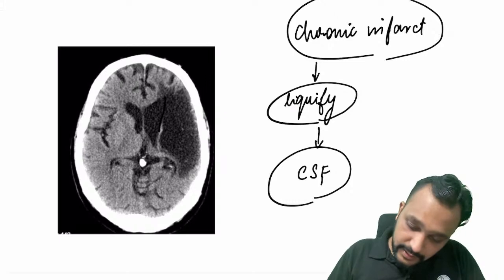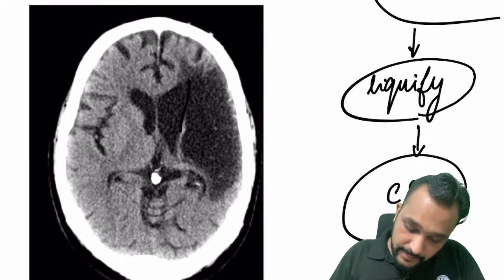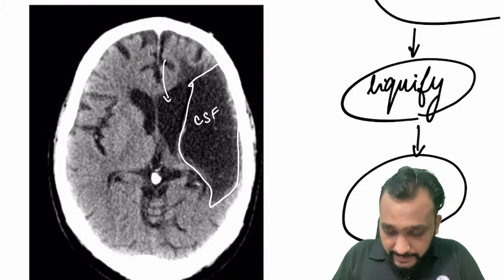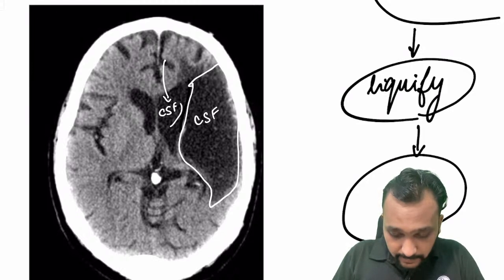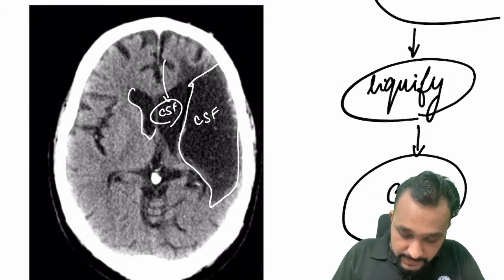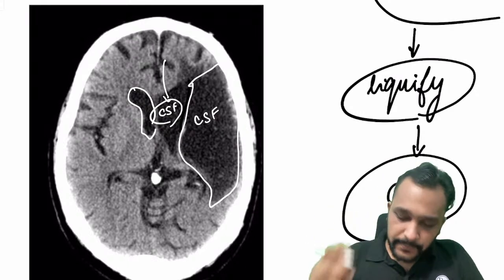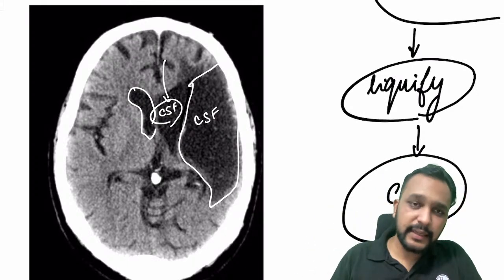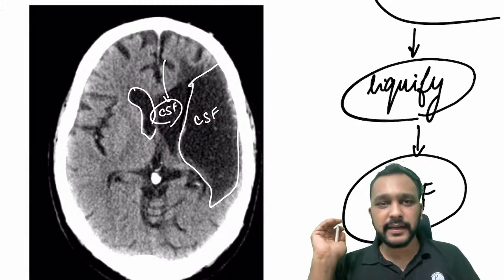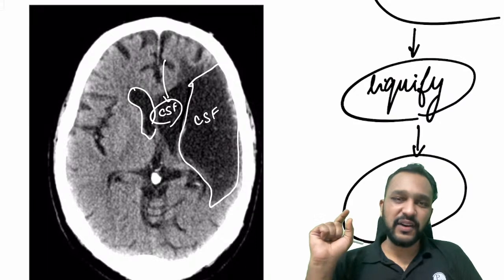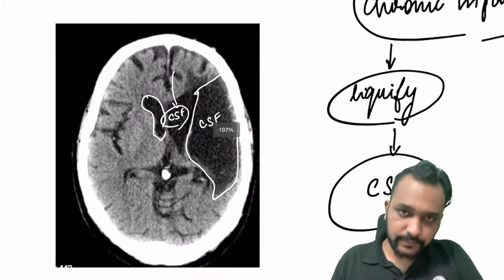And what you will see is an area of hypodensity, and this area of hypodensity will have a similar attenuation as that of CSF, and CSF we will see in the ventricles. So if we are seeing a wedge-shaped hypodensity that is having a similar attenuation as that of CSF, then we are going to think of chronic infarct.